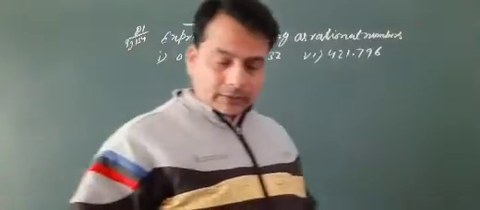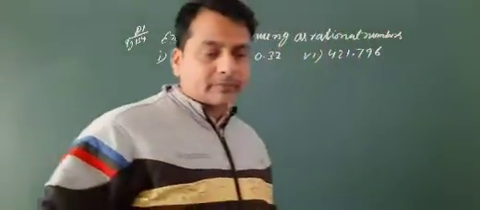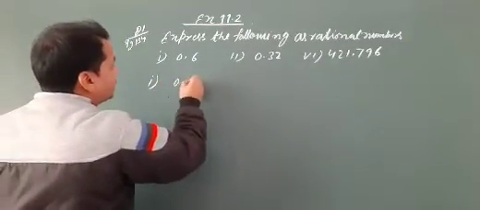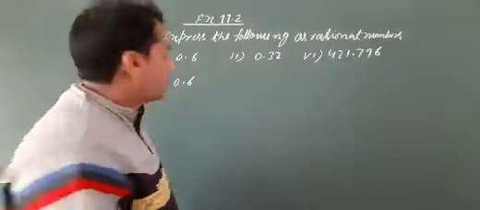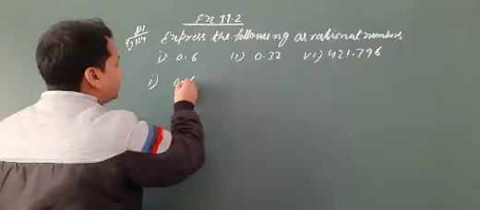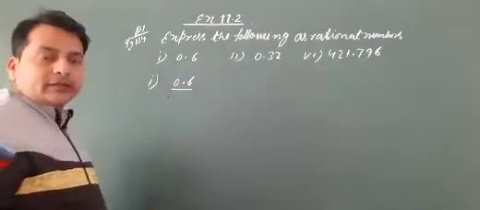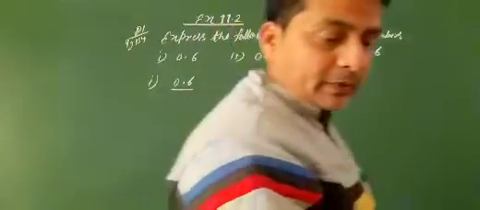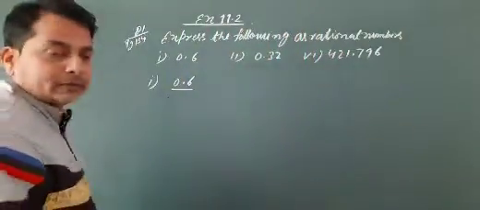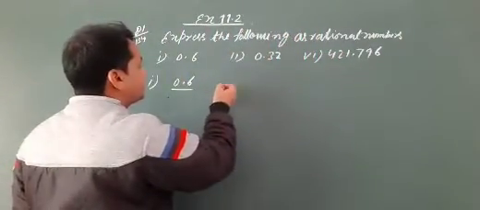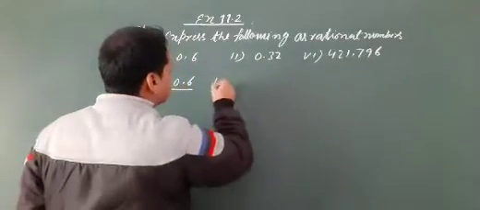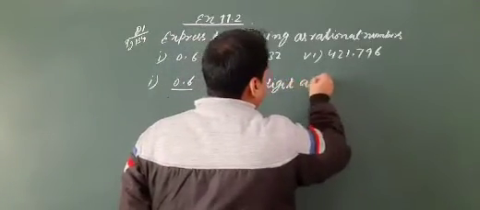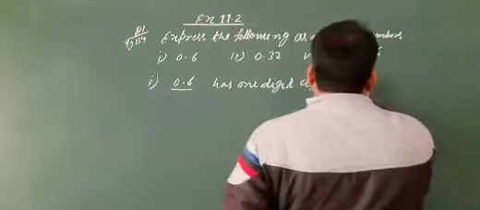Here is 0.6. The first question is 0.6. After the decimal point there is one digit, which means 0.6 has one digit after the decimal point.